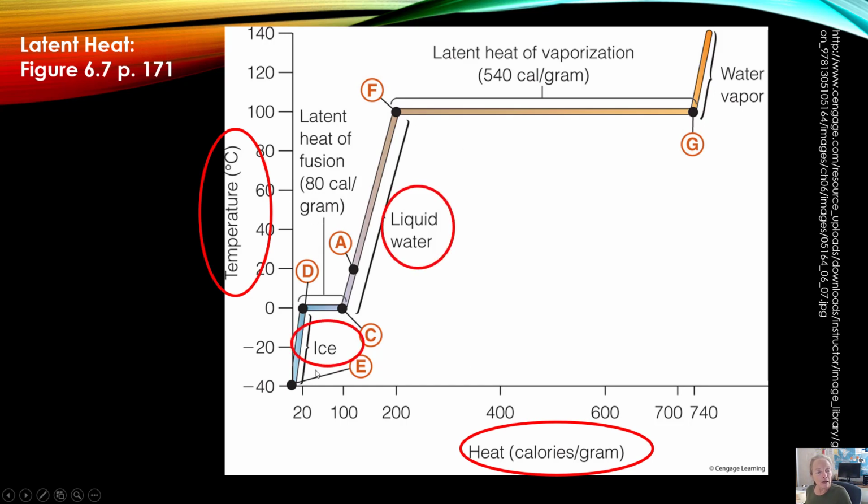Because this 80 calories is being added to the ice and it's not changing the temperature. See, because it's a flat line there. It's staying at 0. You've got ice right here at D. You add 80 calories and now it becomes a liquid at C, but the temperature did not change. So that's latent.